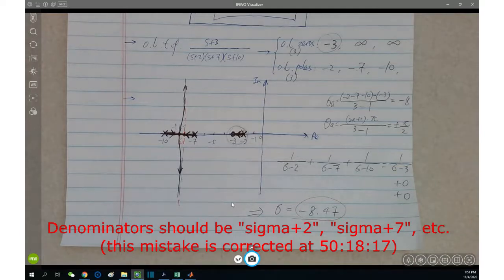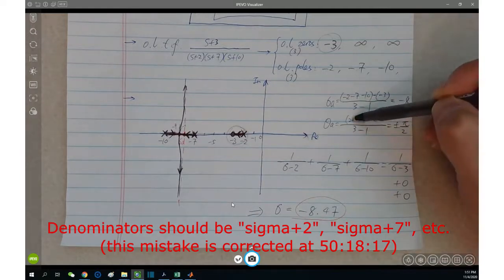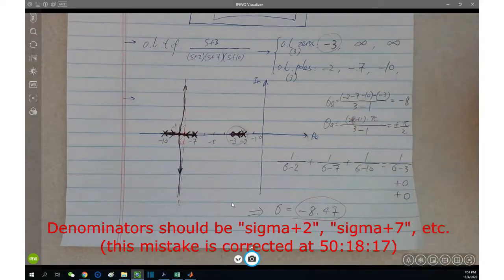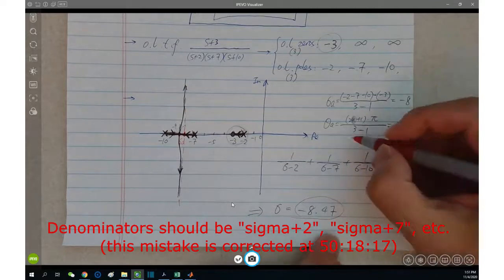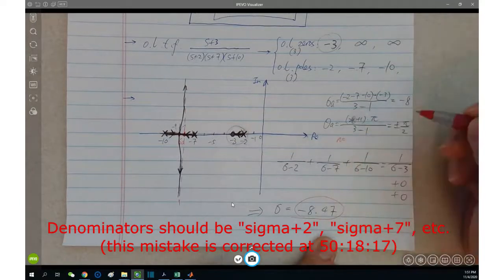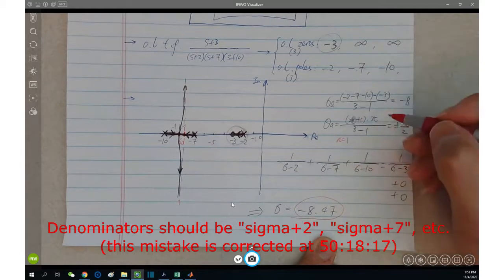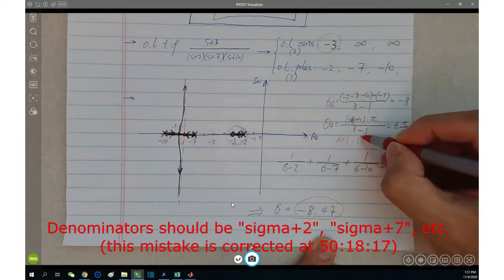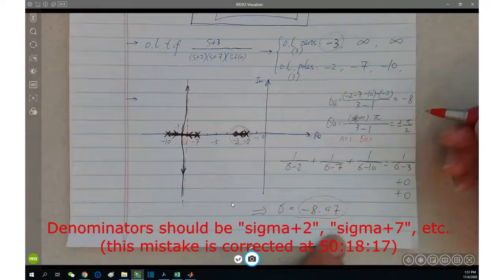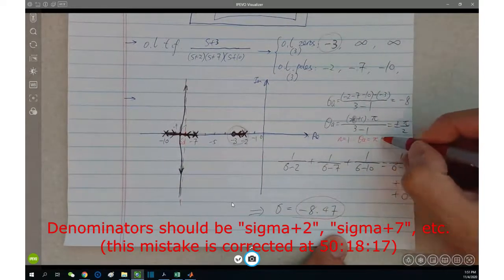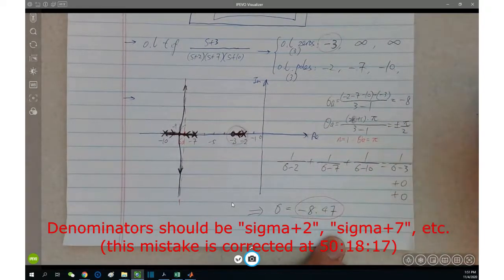If we say that k is a positive 1, then that gives us 3 pi over 2, right? You mean n here, or any constant value? If this value is equal to 1, then theta A equals what? Pi, right?